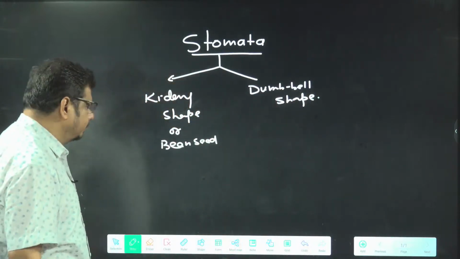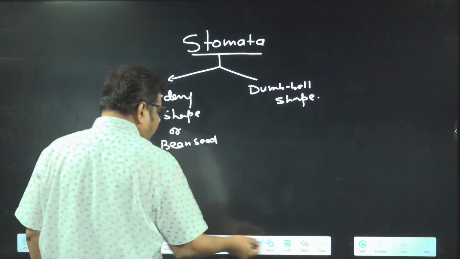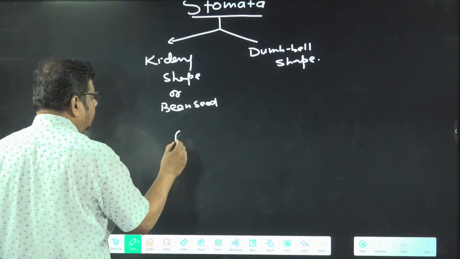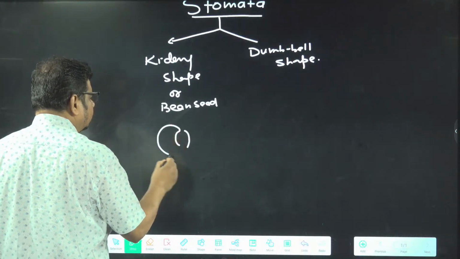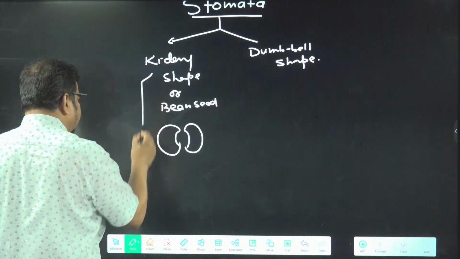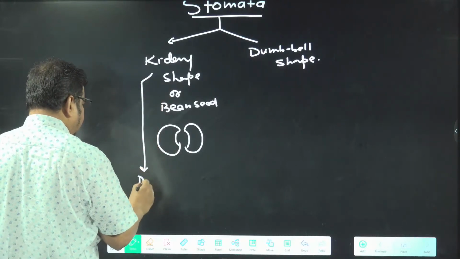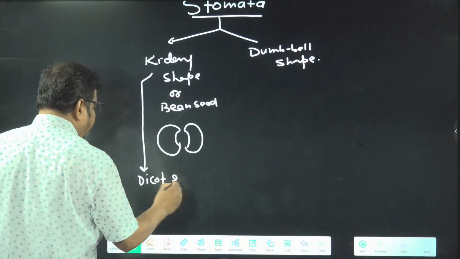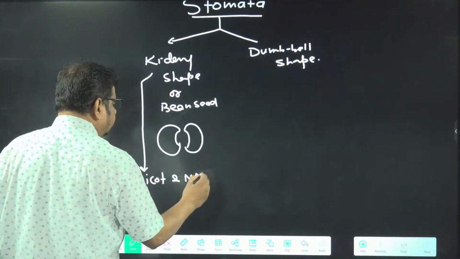Where bean shape or kidney shape stomata is there, it looks like this. These kidney shape stomata are present in dicot and most monocot.